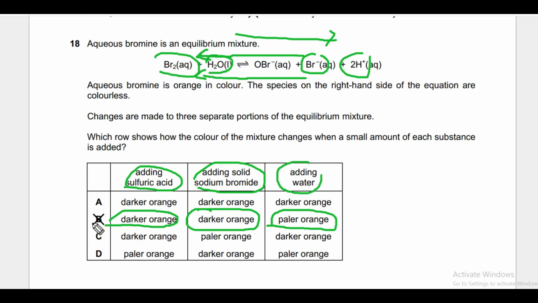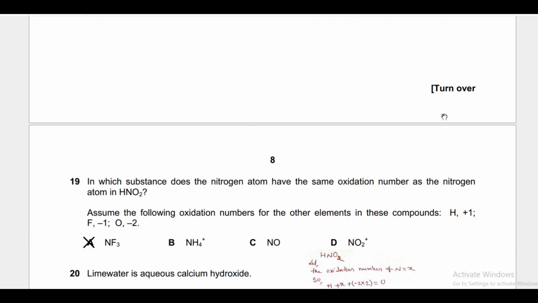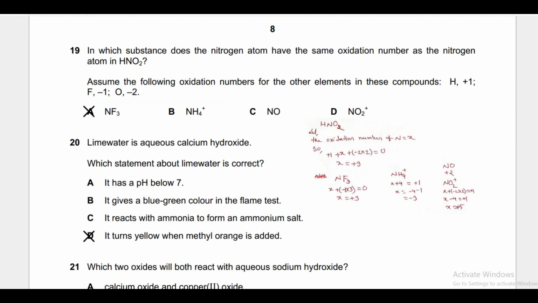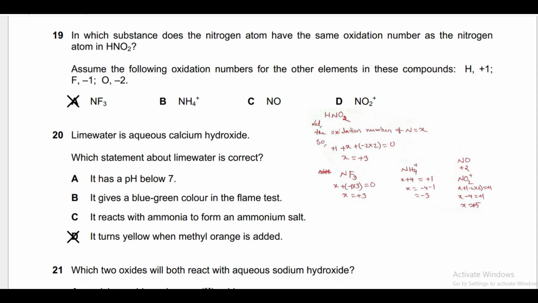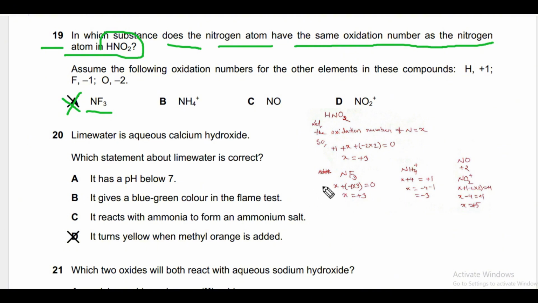Next, 19. In which substance does the nitrogen atom have the same oxidation number as the nitrogen atom in nitrous acid? So the answer is A, NF3. Why?